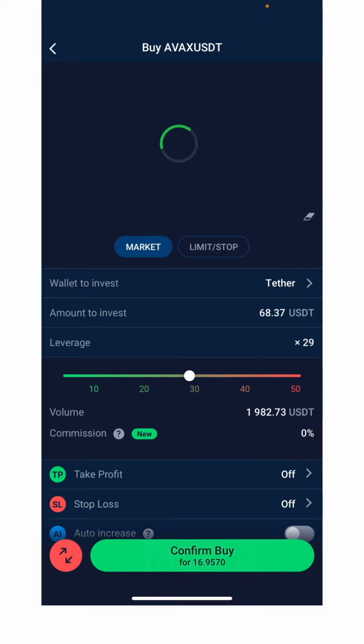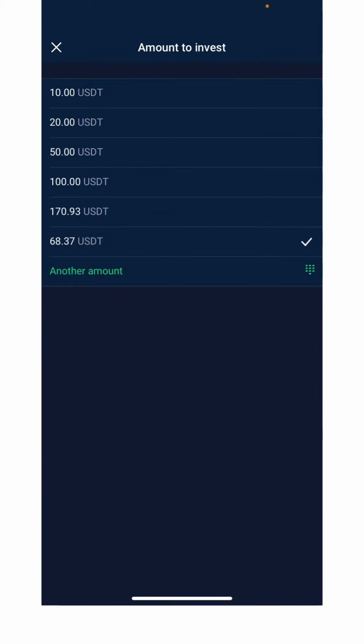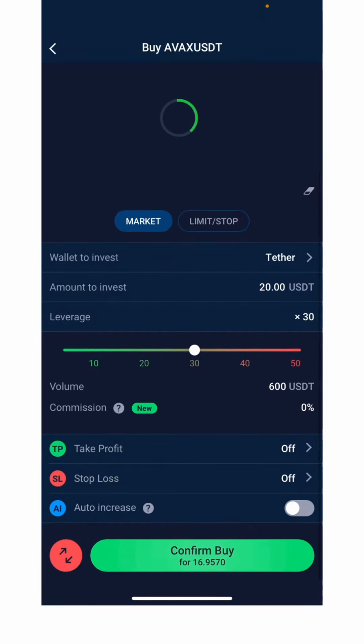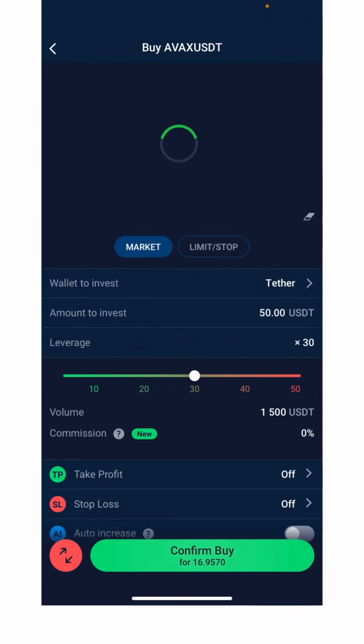If your balance is less than $100, you can see this green bar here, the leverage should be 30. Then the amount to invest, always input $20 if your balance is less than $100. If your balance is more than $100, you can go to $50 to invest.